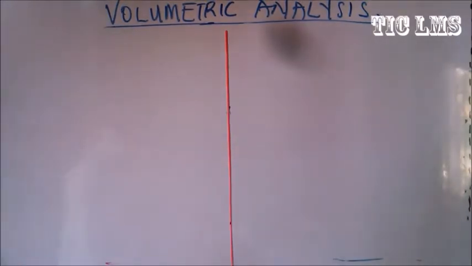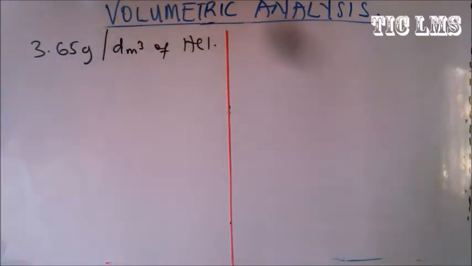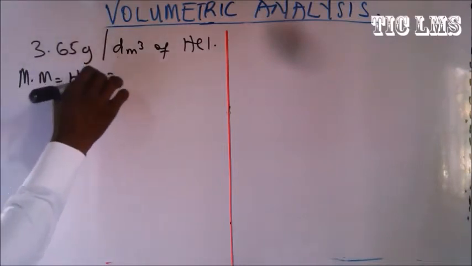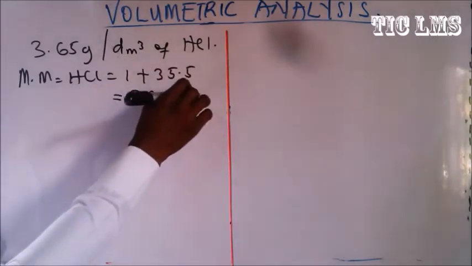And now the C part of the question says 125 cm³ of a solution containing 3.65 gram of hydrochloric acid per dm³. Now in this question, we are given 3.65 gram per dm³ of hydrochloric acid. We're not given it in molar. So what we will do is convert it from gram per dm³ into mole per dm³. First we'll find the molar mass of hydrochloric acid, which is 1 plus 35.5, and that gives 36.5 gram per mole.